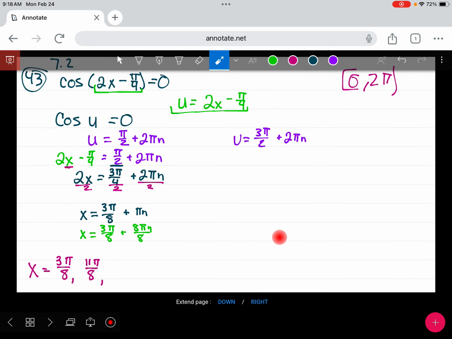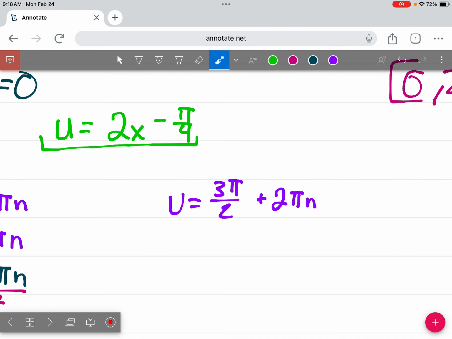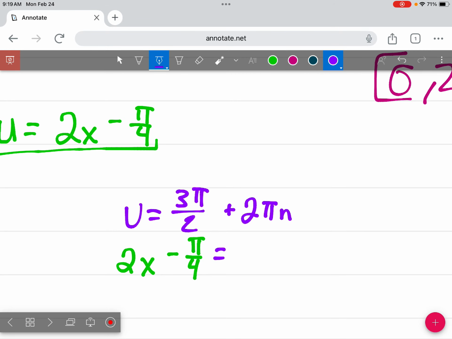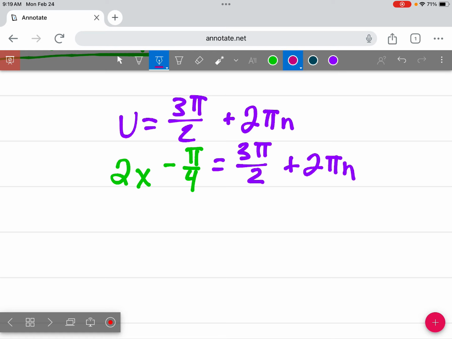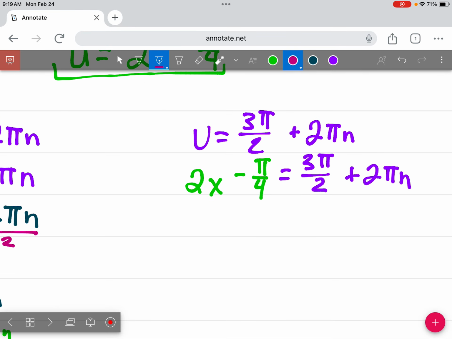Then we do the whole same thing on this side. So I'm going to take and substitute back in my 2x minus pi over 4 equals our 3 pi over 2 plus our 2 pi n. Same vibe. We're still going to go with adding our pi over 4 to both sides.